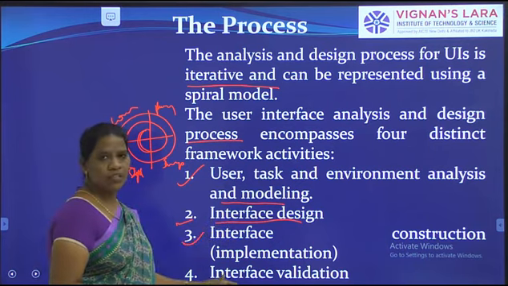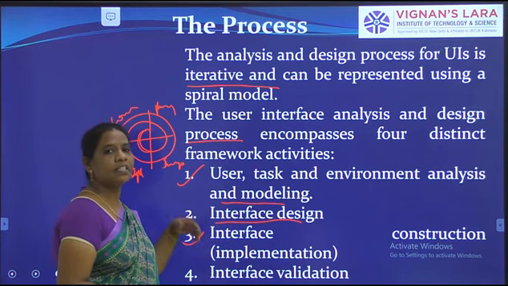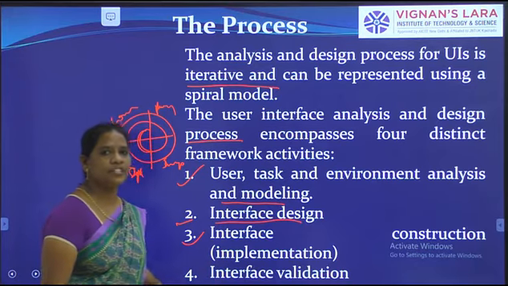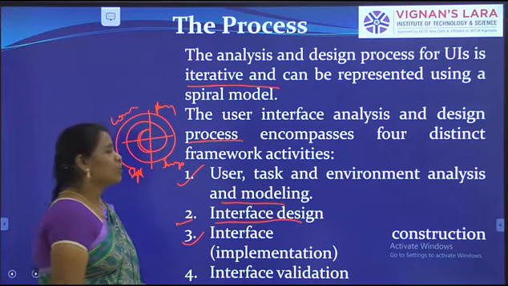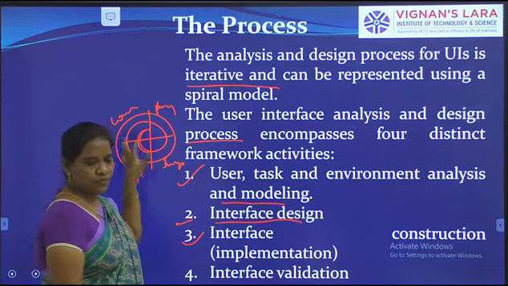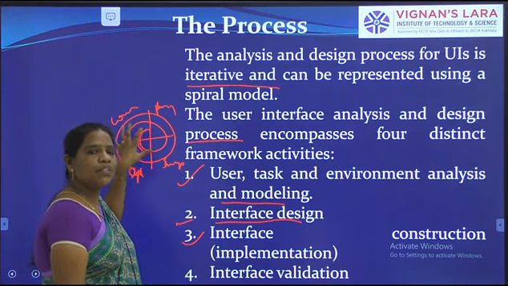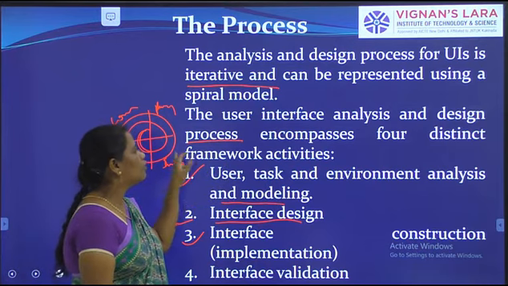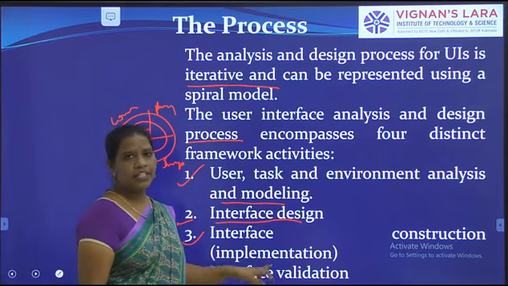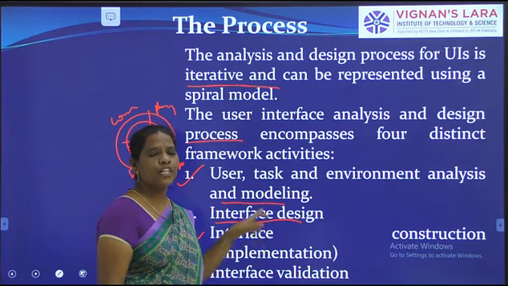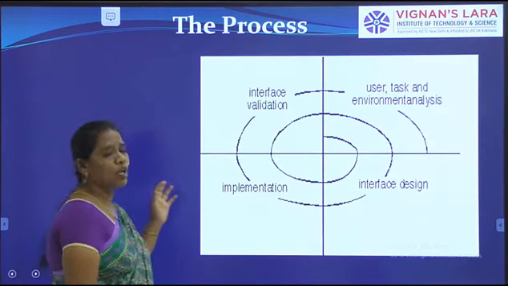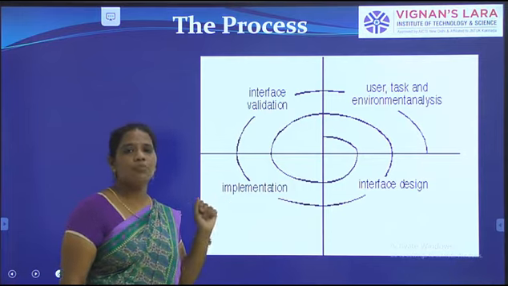Those things only; here we have given some other words. Okay. And fourth is interface validation. So those four are for the software engineering product, whereas these four are for the user interface design model. Okay. So this user interface design will also use a spiral model.